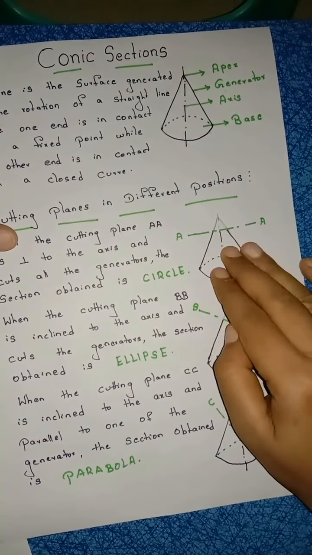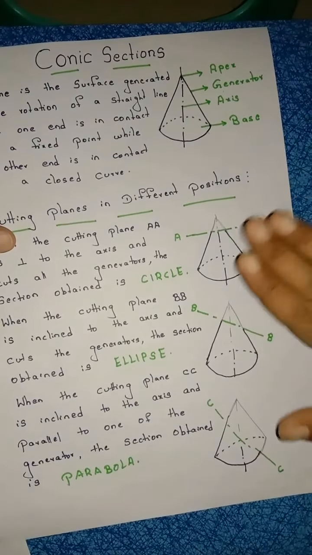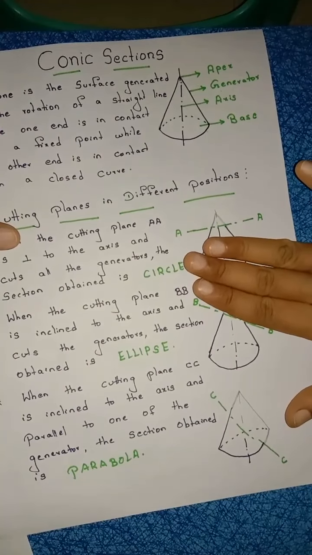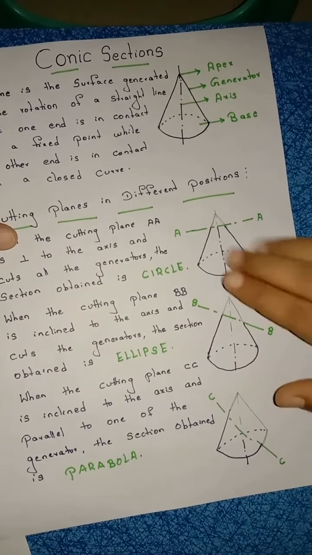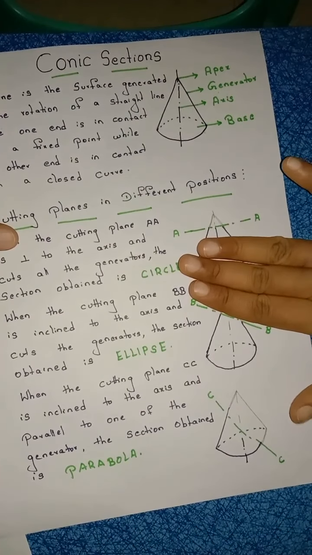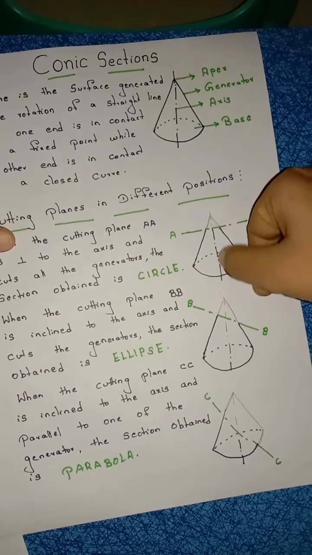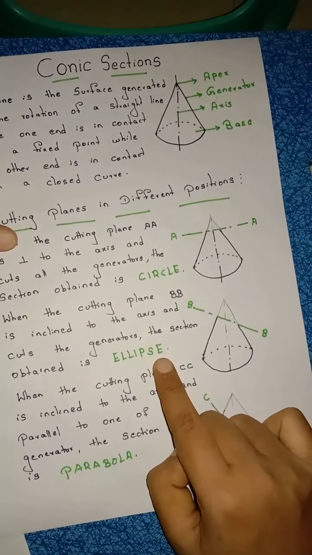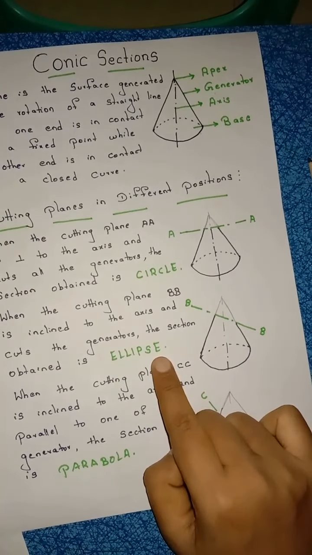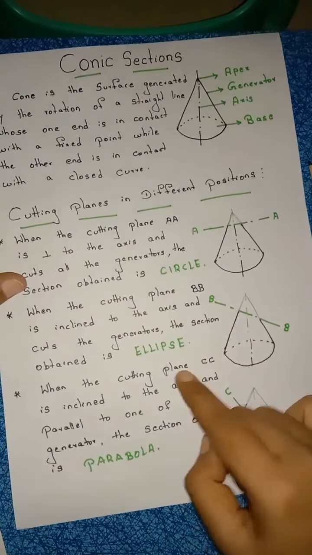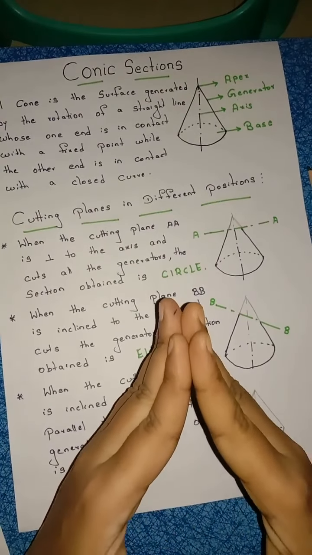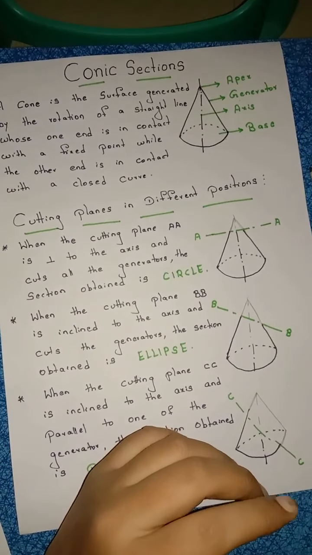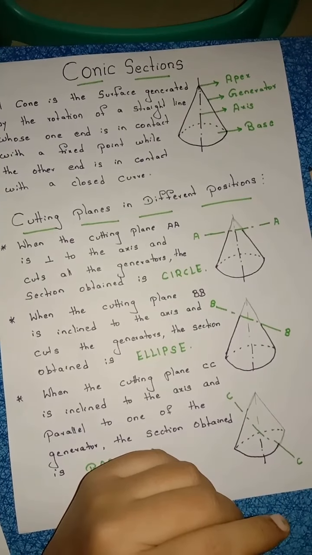Same cone, if I remove this portion in an inclined manner, inclined to the axis, when you are seeing from here, it looks like an oval shape. The oval shape is nothing but an ellipse. Just imagine a cone: if you remove the top portion, it looks like a circle. When it is inclined, it looks like an oval-shaped ellipse.